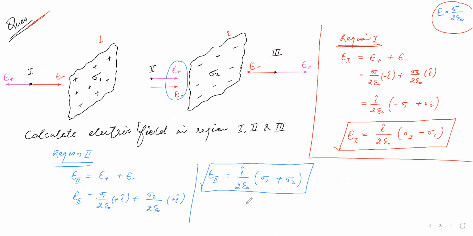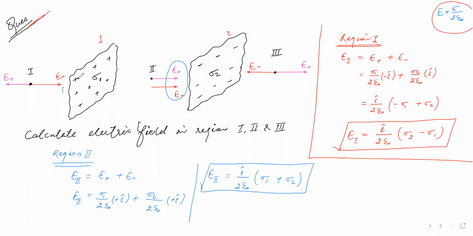Mention your concern in the chat box, please. Okay, why is it going in both sides in region 1?